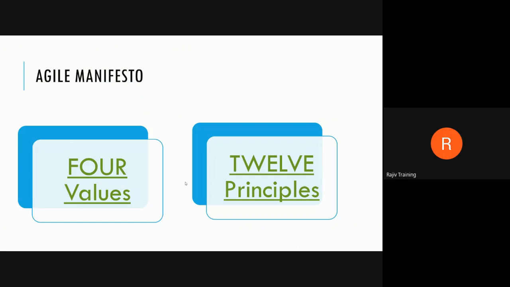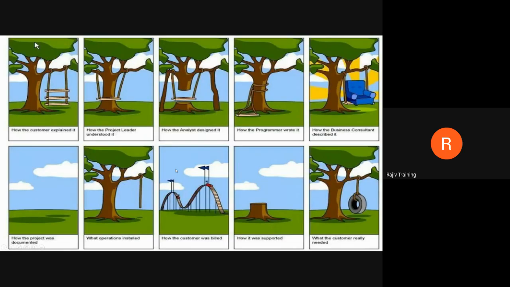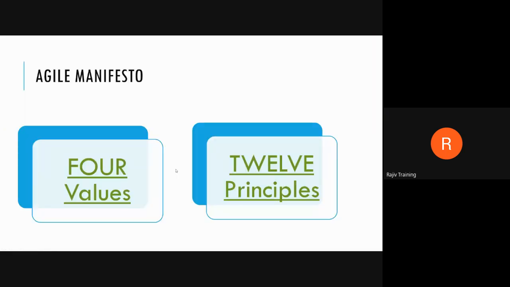No. Okay, sure, no worries. We will cover the four values and 12 principles. But I may not be able to cover that in 10 minutes, and also, given it's the first day of the class, maybe we'll stop here. Tomorrow, we'll continue on the four values and 12 principles, if that's fine.